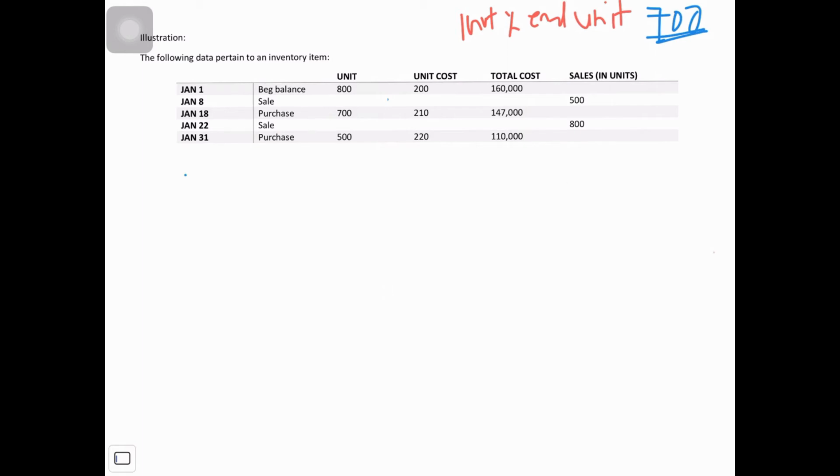So it would be beginning balance 800, and then ang unit cost is 200, and then ang total cost is 160,000.